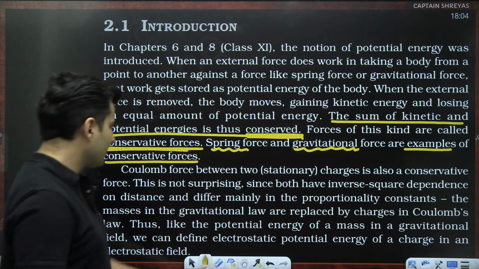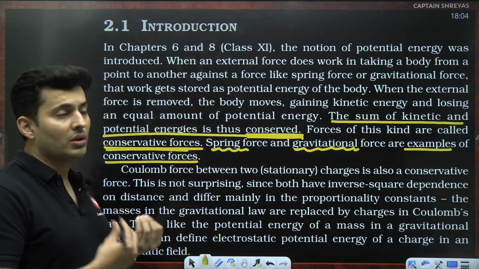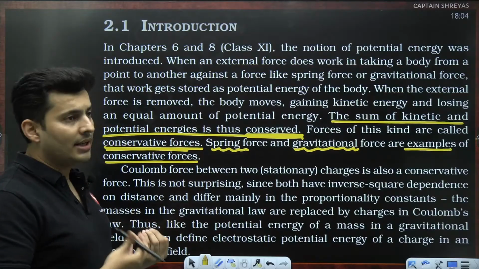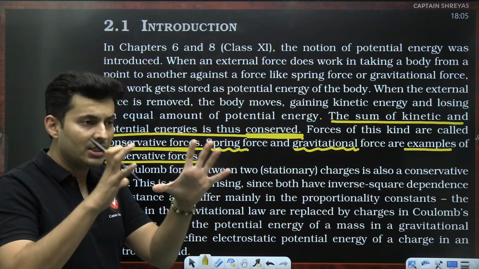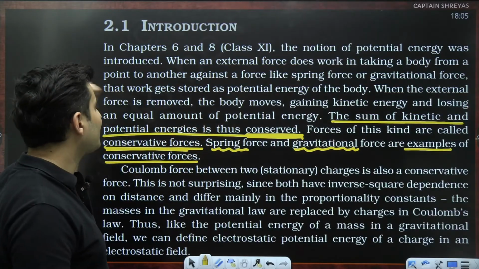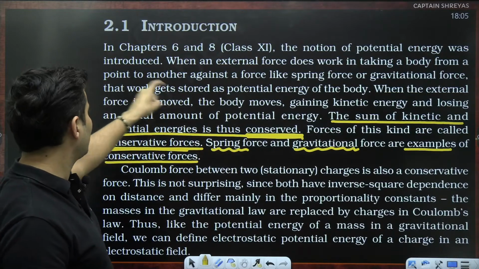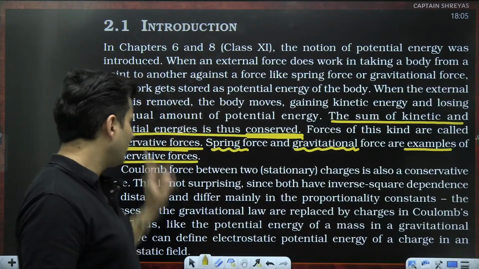And what is the meaning of potential energy? It is energy which is stored because of the manner in which it has been configured, the situation, the arrangement, the manner in which it has been placed. The energy which is stored in that form because of its configuration is called potential energy. We'll discuss what these initial lines mean in a bit.